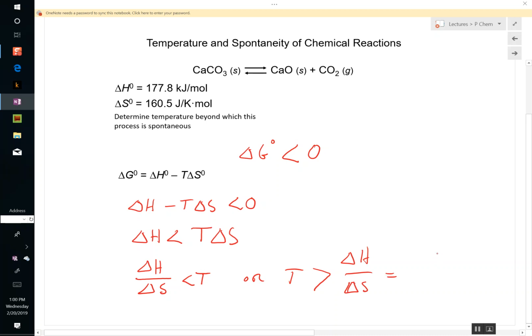And so what is that T? 1,108 Kelvin. Okay, so if the temperature goes above 1,108 Kelvin, that will occur spontaneously. It'll decompose to calcium oxide.